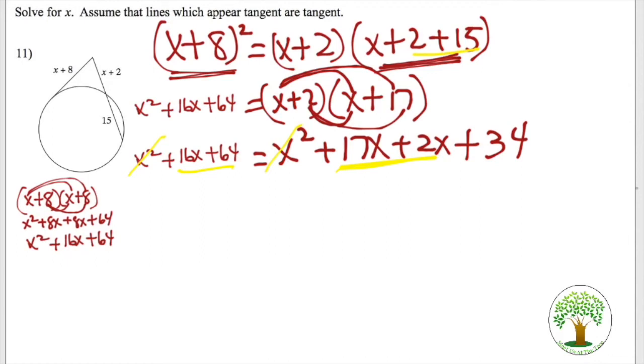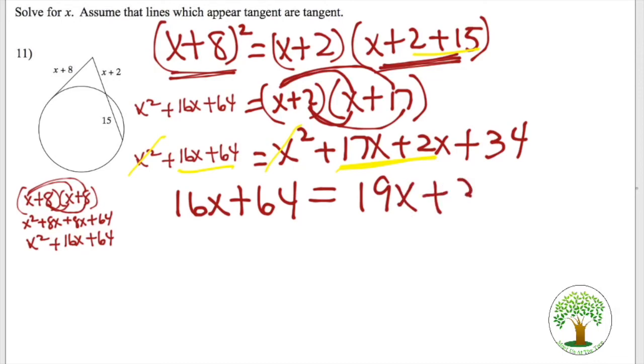So we'll have 16x plus 64 equals 19x plus 34. If I bring this over there by subtracting, I'll get a 3x. And if I bring that over by subtracting, I'll get a 30.